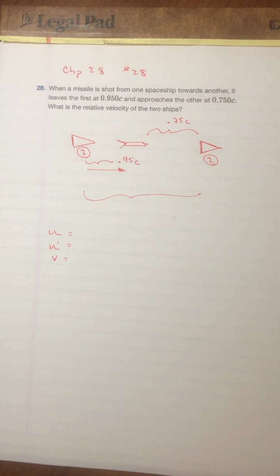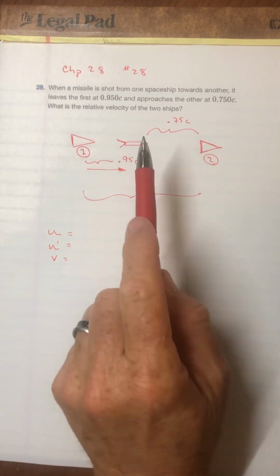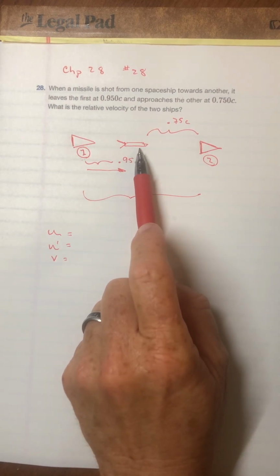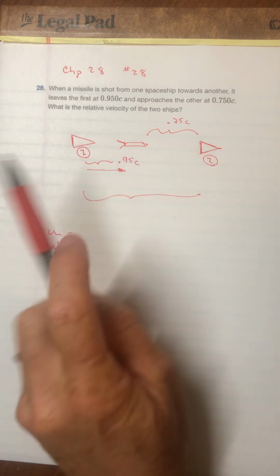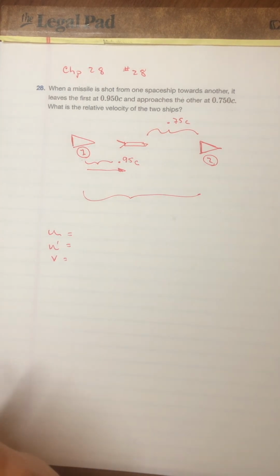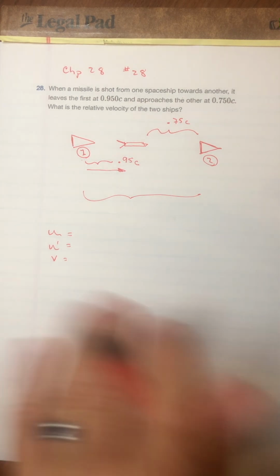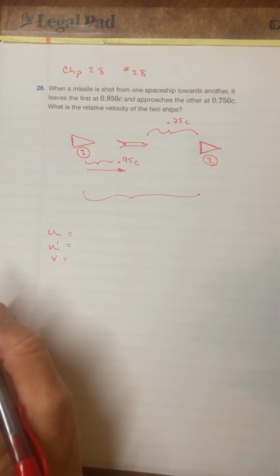Now, I think naturally when you look at this, you would say that the missile is the object, and the 2 spaceships are the observers. Let me do that here and say these will be my 2 observers.